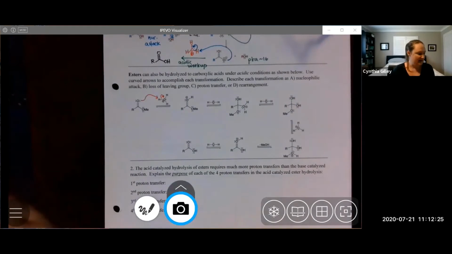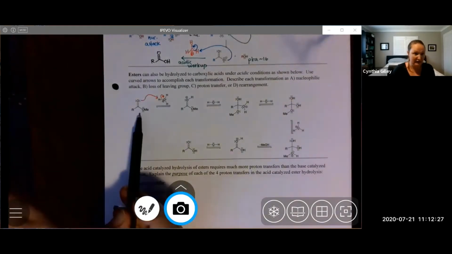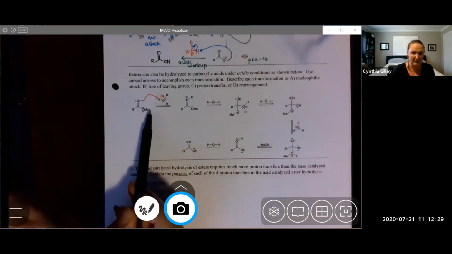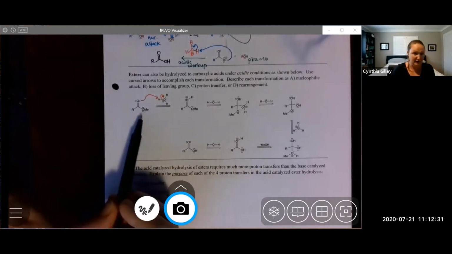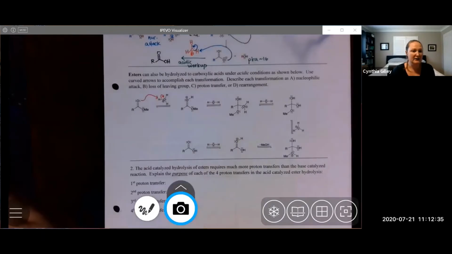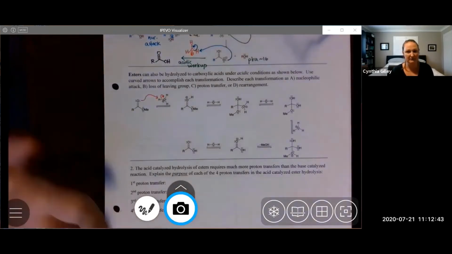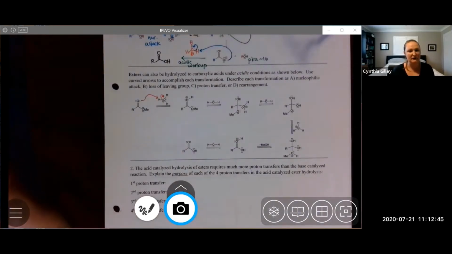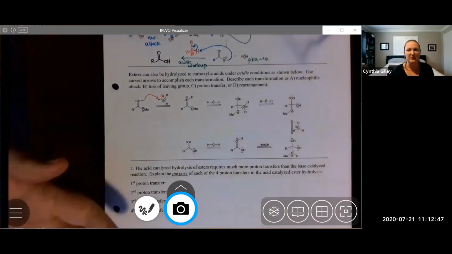And some people ask me, can it protonate the oxygen attached to the methyl group, the other one? The answer is yes, it can, but it's also reversible, and nothing happens. You protonate the oxygen, nothing can happen, so it eventually deprotonates and something else happens.